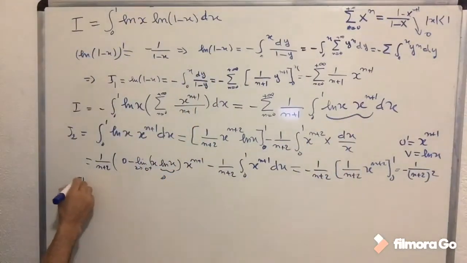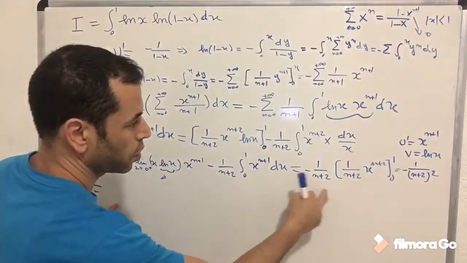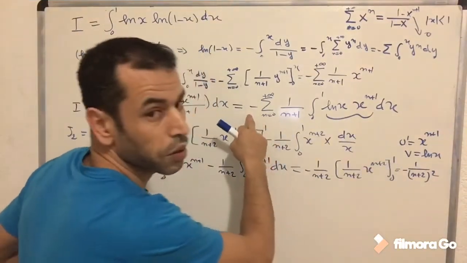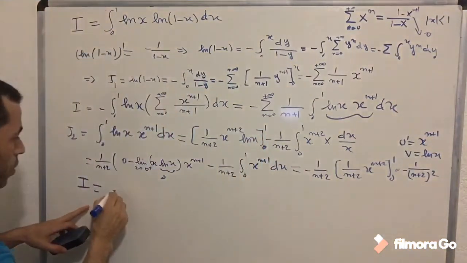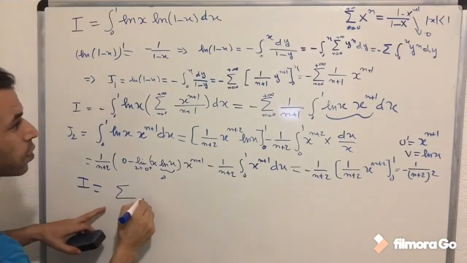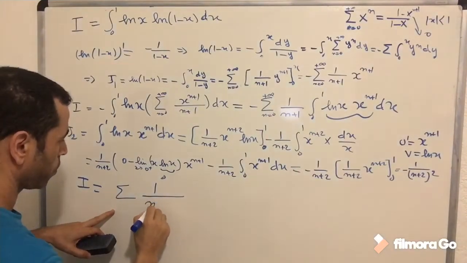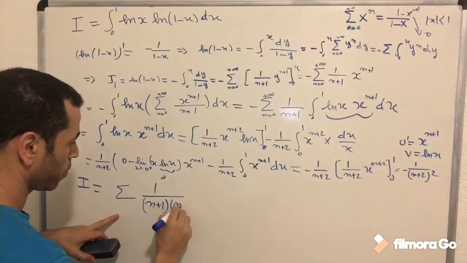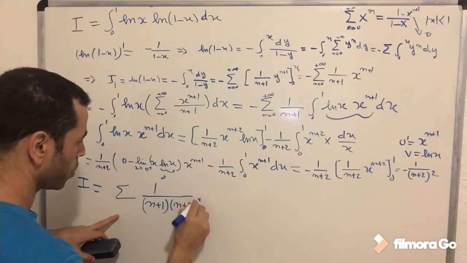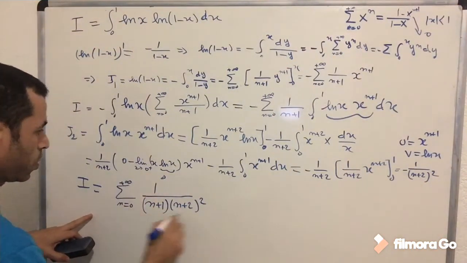So our integral becomes, a negative sign with a negative sign becomes plus, the sum of 1 over (n plus 1) multiplied by (n plus 2) squared, from n equals 0 to infinity.